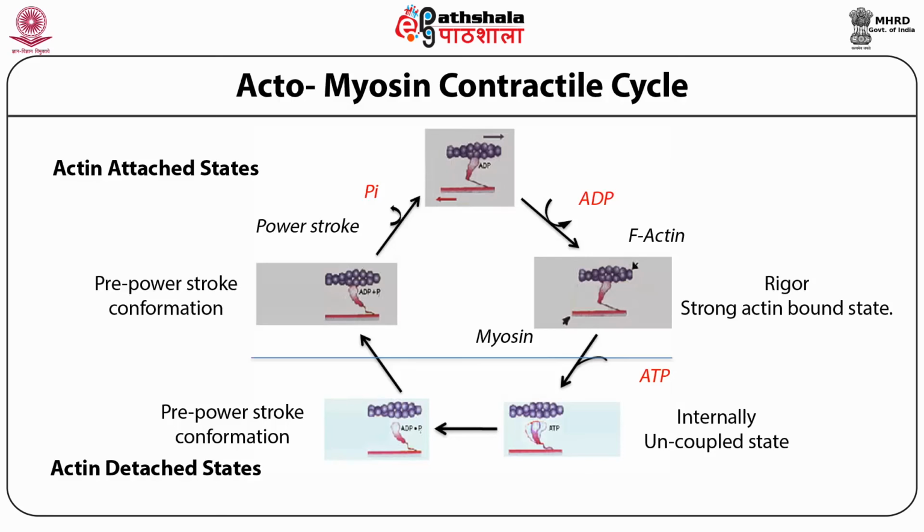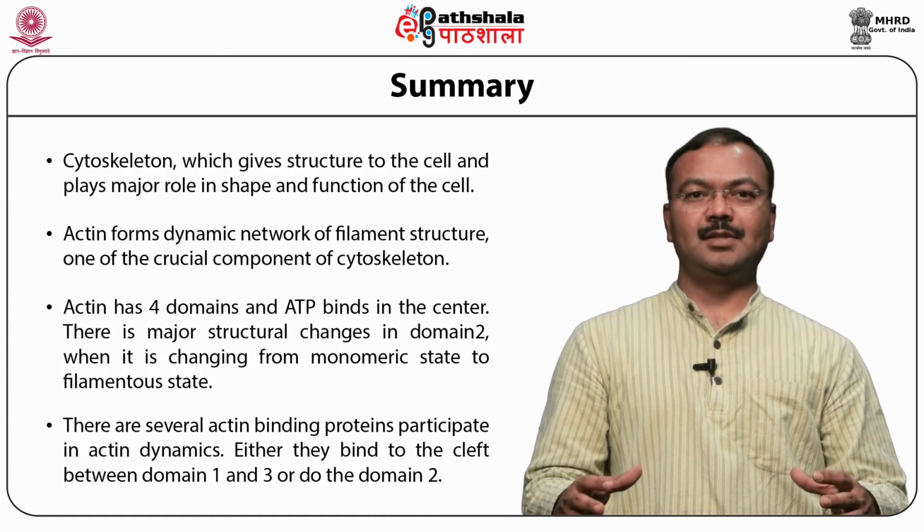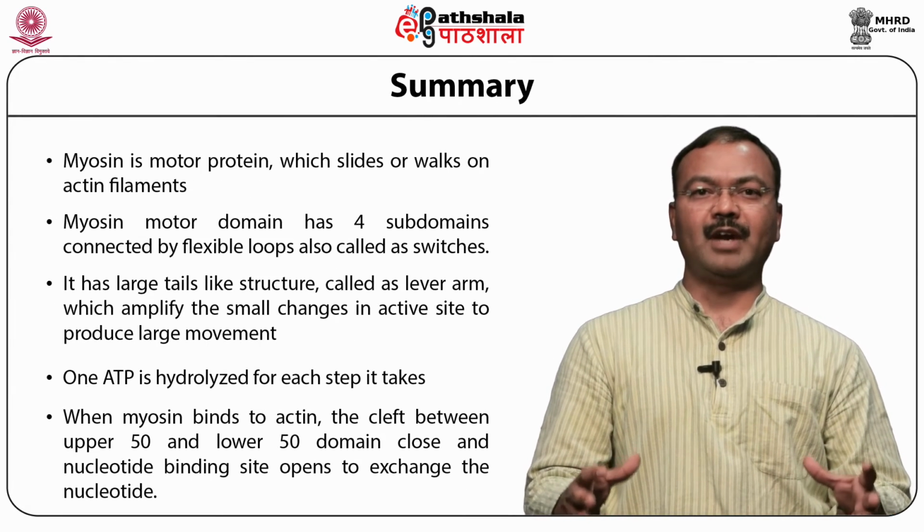Once it binds strongly, the ADP is dissociated and it reaches the strong actin bound state. Now this contractile cycle, once you have all the structures, lets you understand the motor mechanism and the structural changes in the myosin head. Okay, now I summarize this module on the structure of actin and myosin.